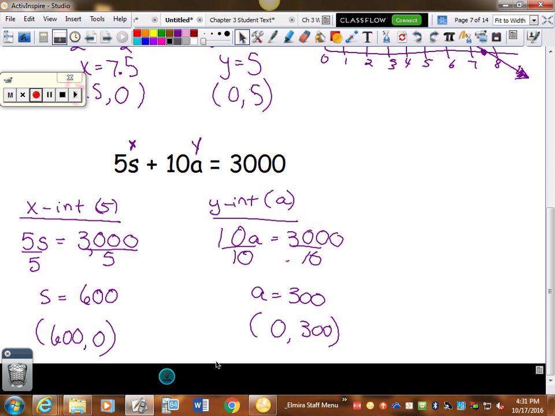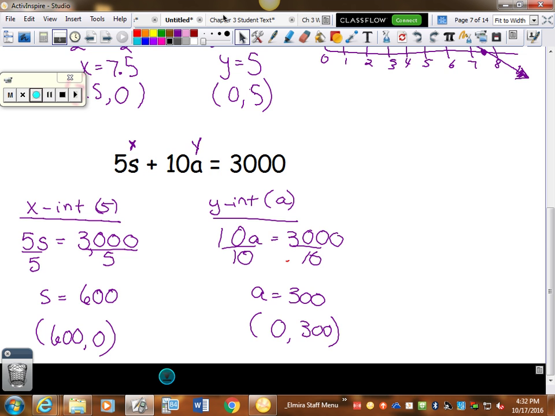So remember, if we're selling all student tickets, I'm selling no adult tickets, and we're effectively ignoring the 10A. So 5S equals 3,000. Divide both sides by 5. If I was going to make my whole 3,000 on student tickets, I'd have to sell 600 of them.